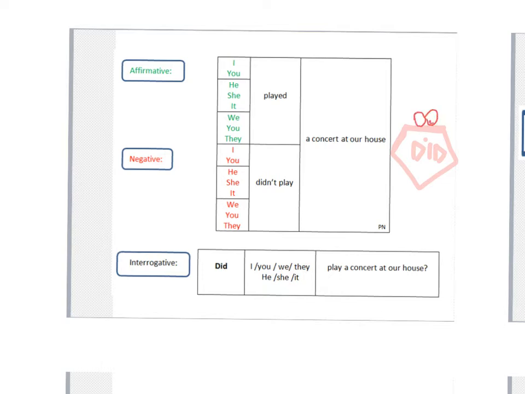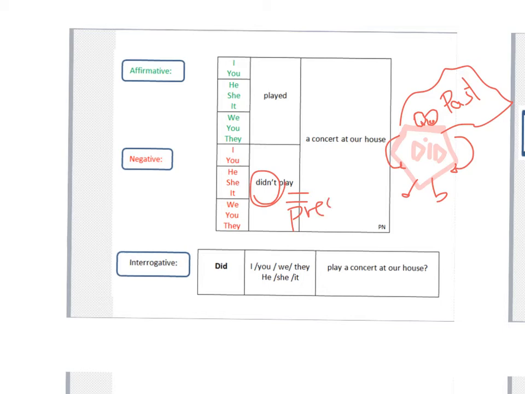Here we've got the eyes and the arms and the legs. Okay, the did is the helper. It is what helps us to write the negative. As did is in the past, the other verb should be in the present. We don't write it in the past again.